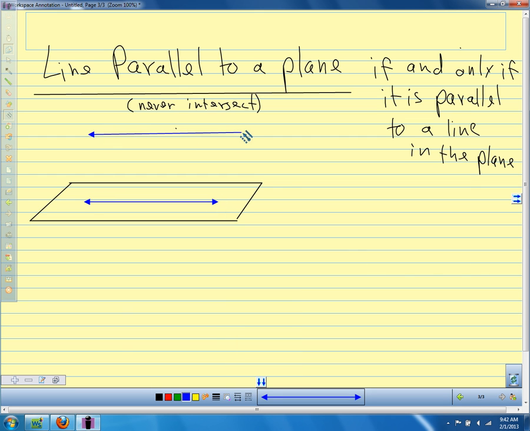Here's my line not in the plane. So this we'll call line 1, line 2. So line 1 is parallel to line 2, so line 1 is parallel to the plane. So as long as this line is parallel to a line in the plane, then our line is going to be parallel to the plane. All right, questions about when lines are parallel to planes?